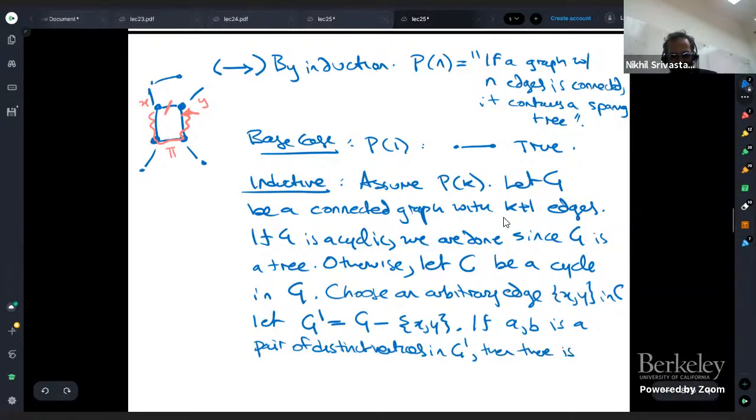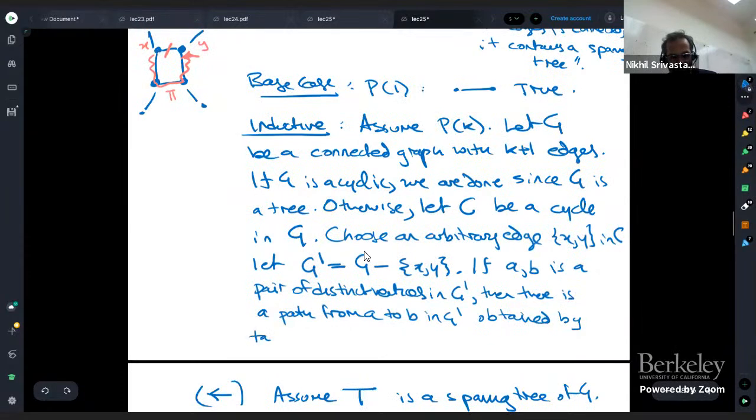Then there is a path from A to B in G prime obtained by taking a path from A to B in G and replacing every occurrence of xy by pi.